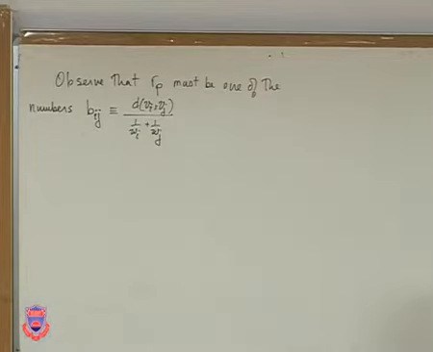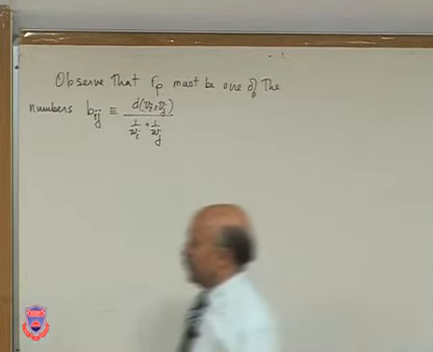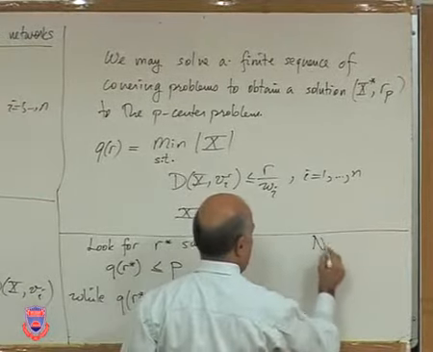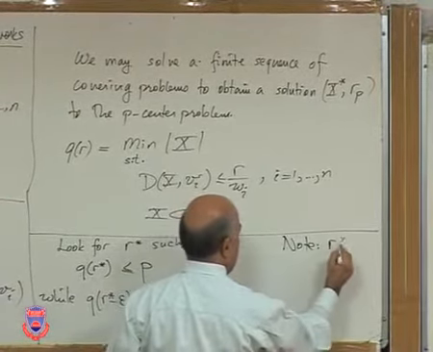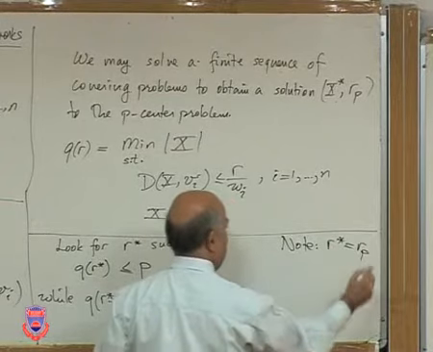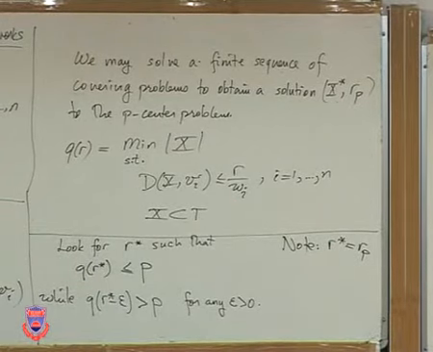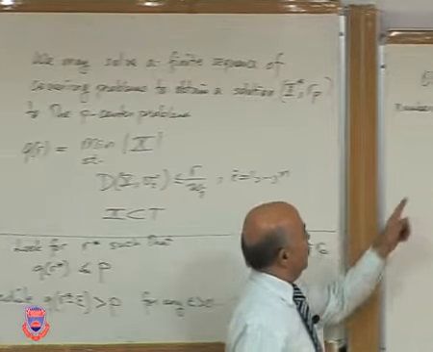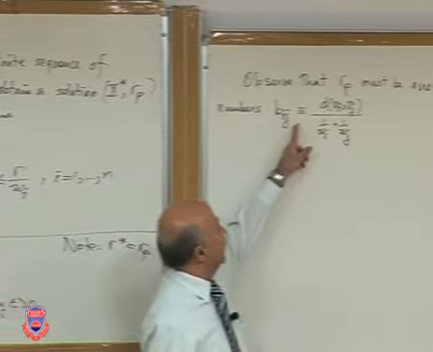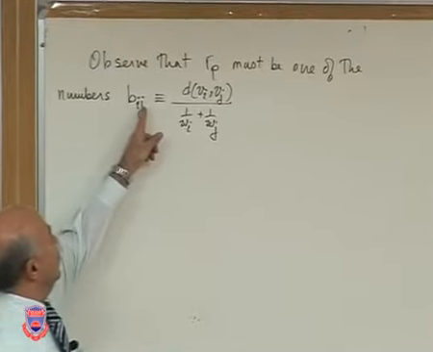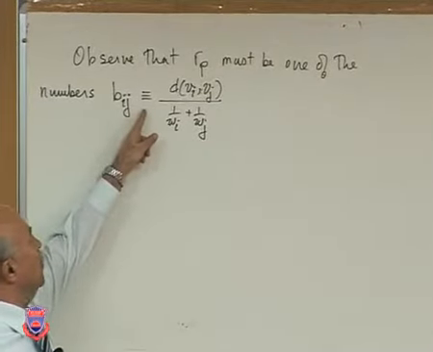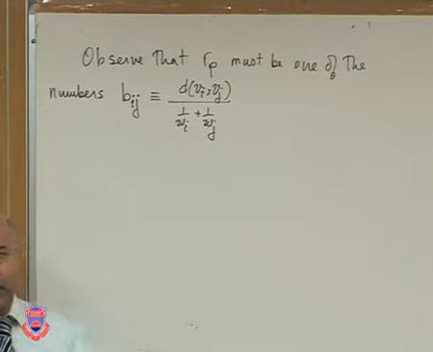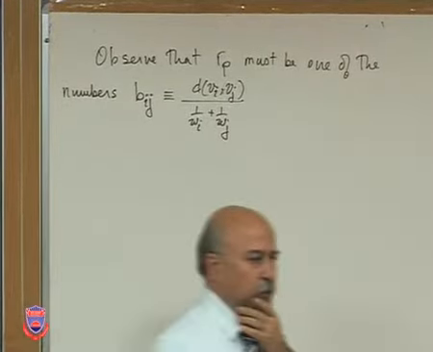Now, first of all, of course, we're looking for r star, which is going to be also Rp, if you can find it. And it's quite obvious that the search can be confined to a finite set of numbers defined in this way: Bij, which is defined by the distance between i and j divided by the sum of the reciprocal weights.